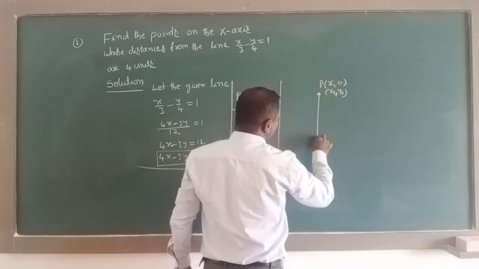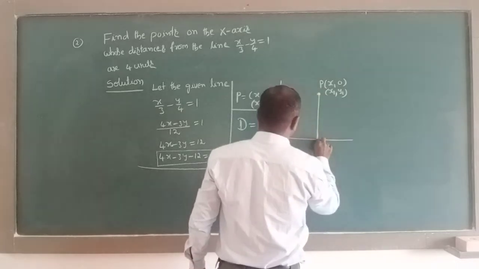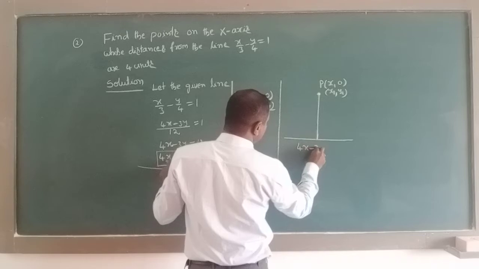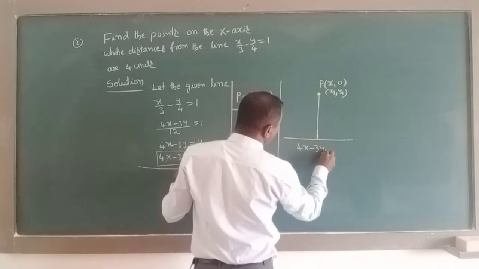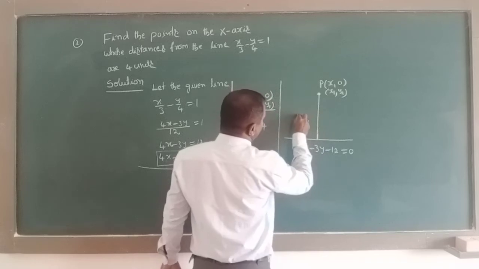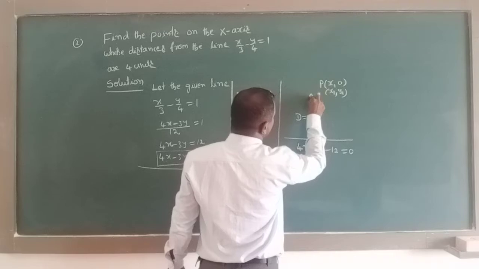From that point to the line, the equation is also mentioned here. What is the line equation here? We got 4x minus 3y minus 12 is equal to 0. At the same time, D is equal to 4 they gave here, up to this distance is 4.